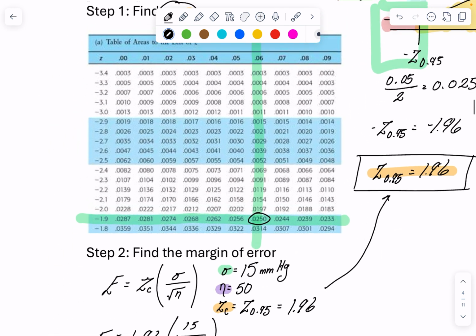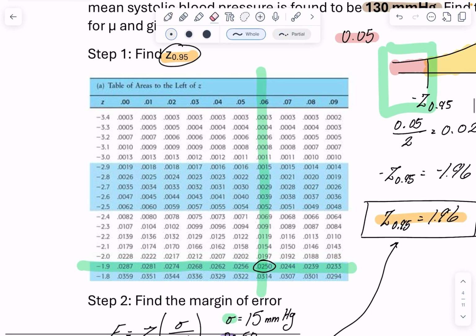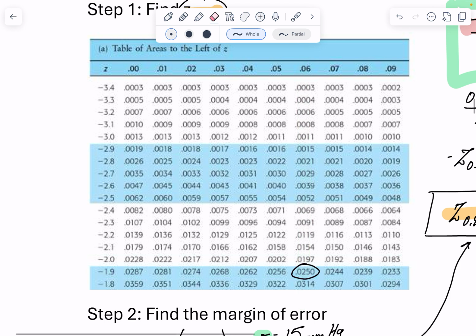Yes, we can. So because this is an old chart, I'm going to erase all of this so we don't get too confused. And we're going to look for 5 thousandths, so it's going to be 0.005.